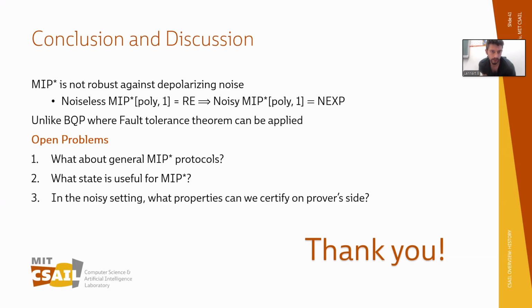If I understood your second point, you're considering MIP star 2, right? Two provers, one round. Yeah. For me, it seems straightforward to argue that if you have multiple rounds, one round can be used for distillation, and afterwards you run your MIP star, so it should still be RE. So you are saying the first round is independent of the problem instance.